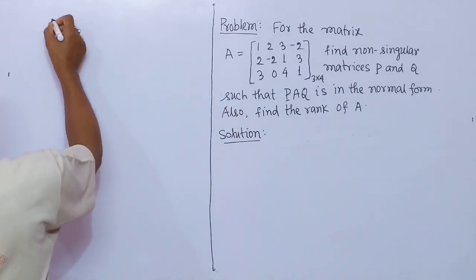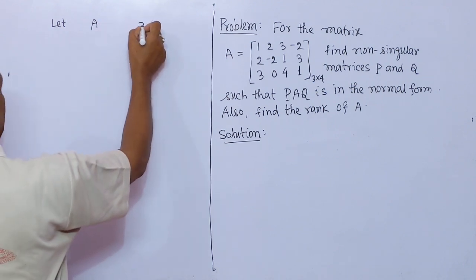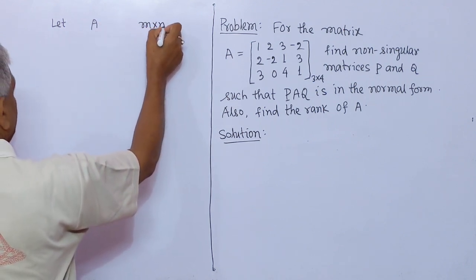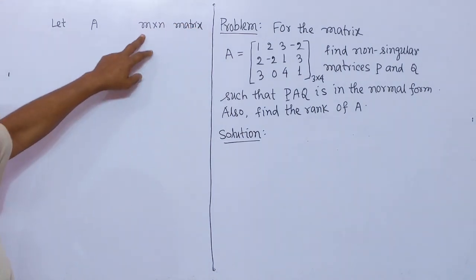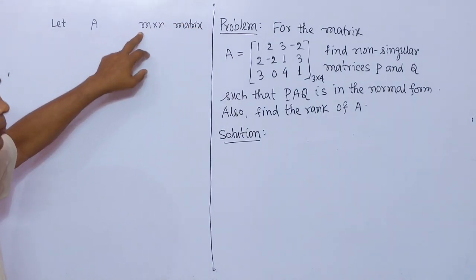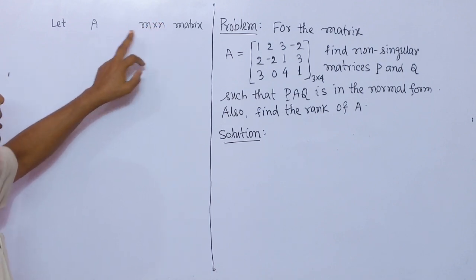Let A be an m by n matrix, meaning the number of rows of matrix A is m and the number of columns of the matrix A is n.